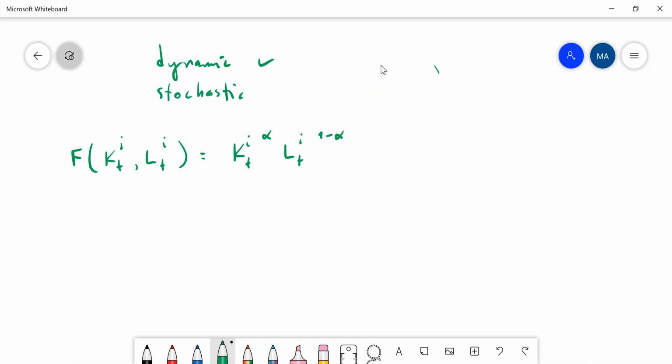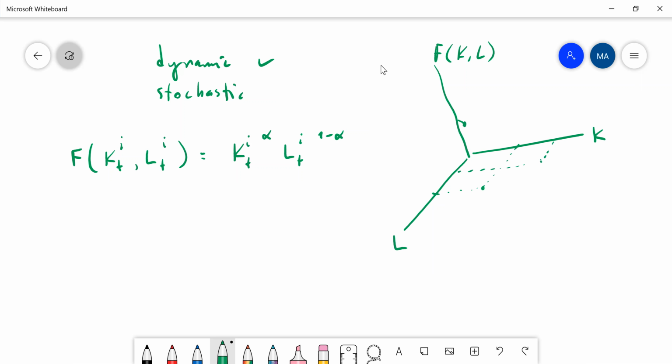So if you have K here, L here, then you always get F(K, L), right? So the particular input combination gives you a particular production level. So it's around, let's say, here. Another combination will give you another level.